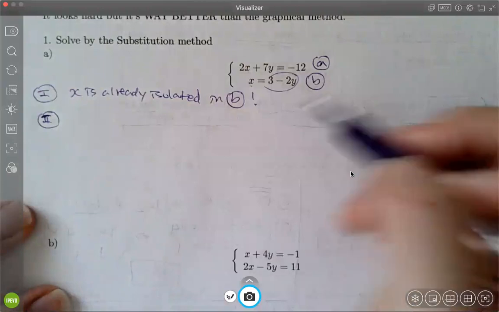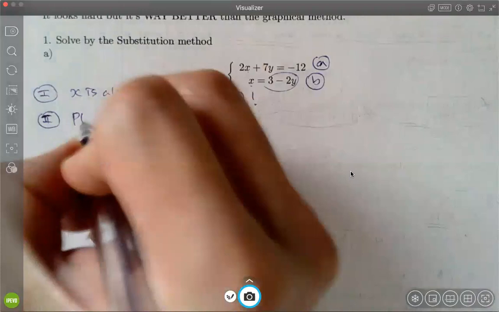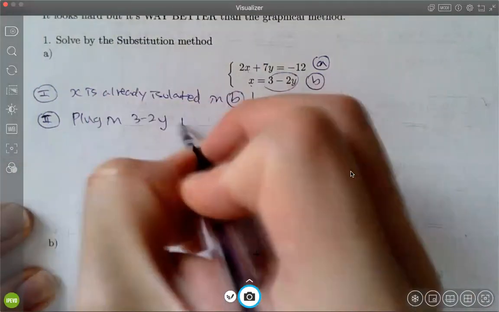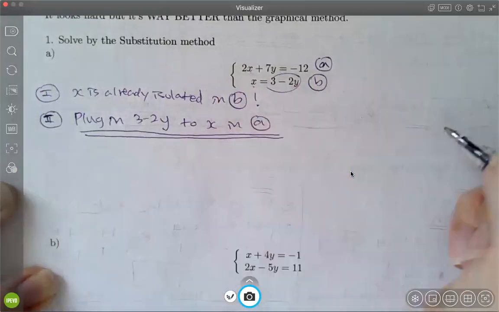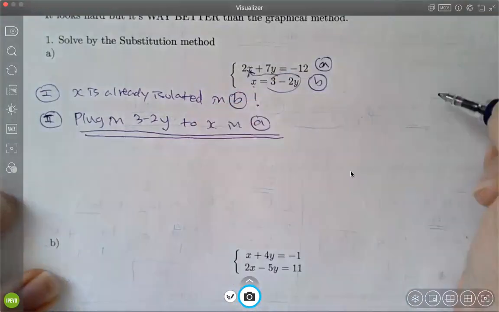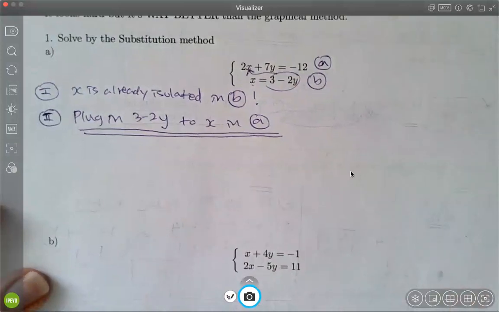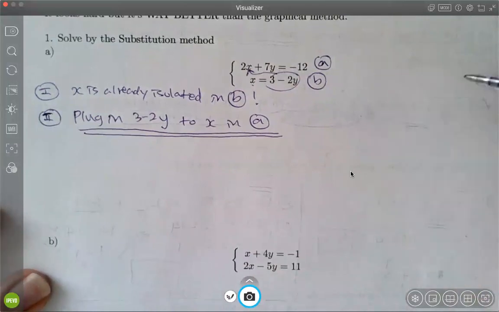The top equation, A. In other words, we substitute 3 minus 2y instead of x in A. How simple is that? I had to translate all the math into English, so that's why it caused trouble in step number 2. But hey, that's what it is.